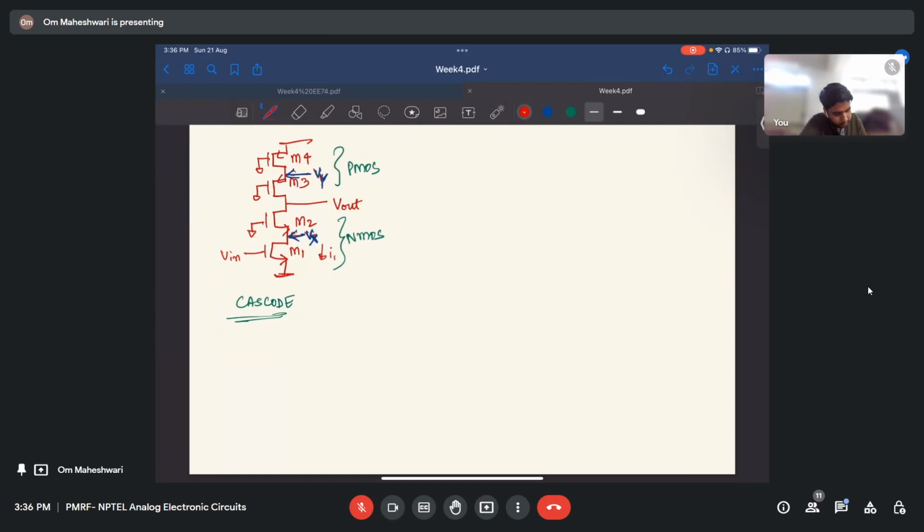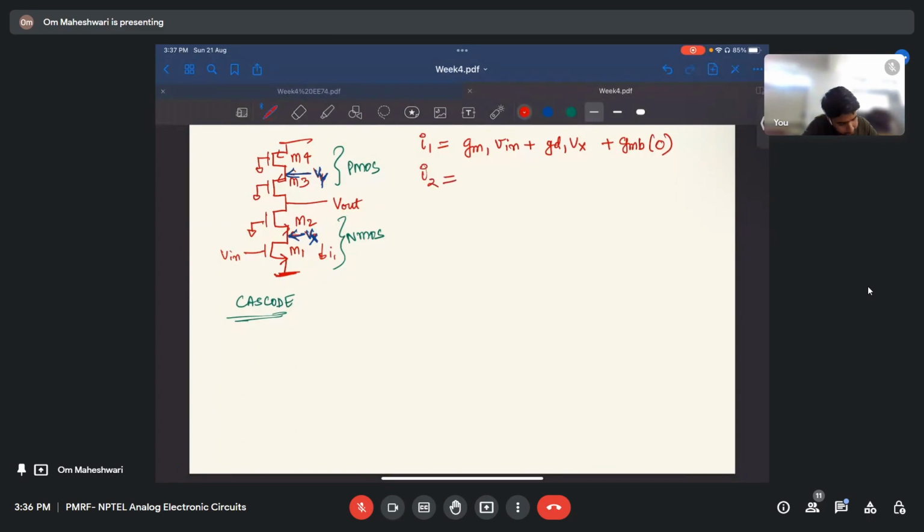Again, we have 4 currents, so I'll write I1 equals GM1 V in plus GD1 Vx plus GMB 0. Our source is ground, so GMB is 0.